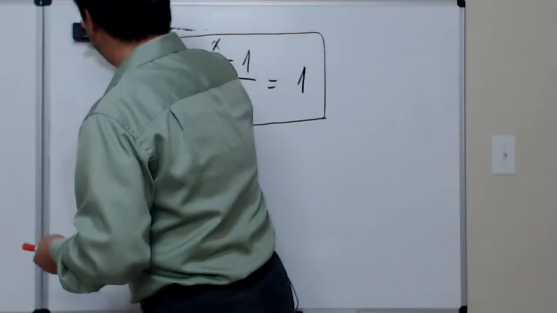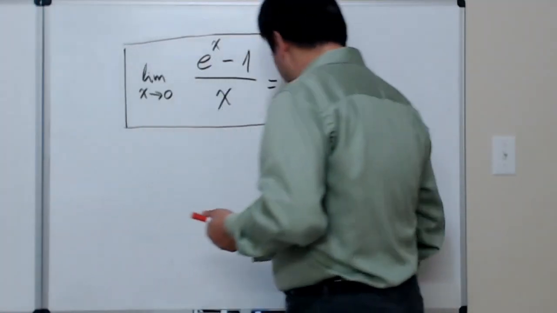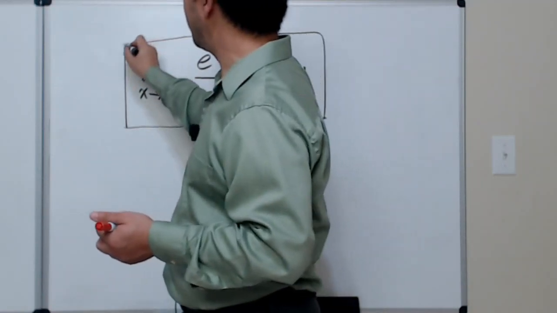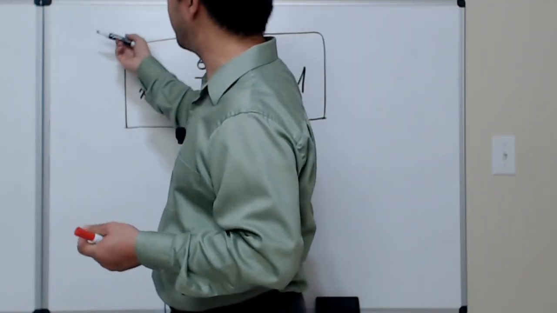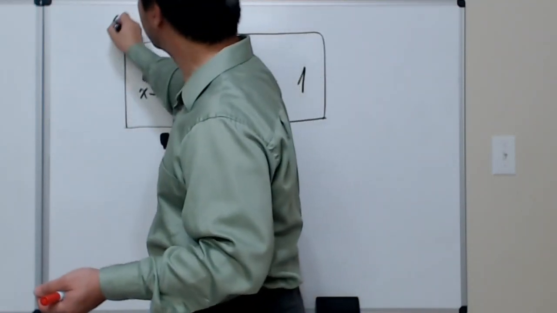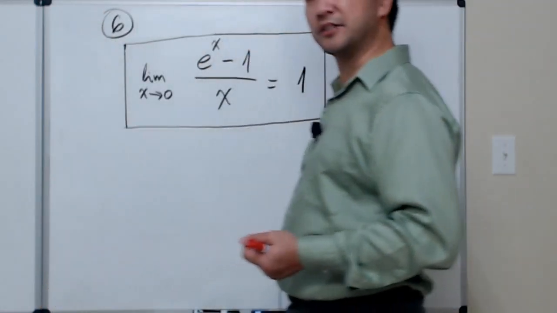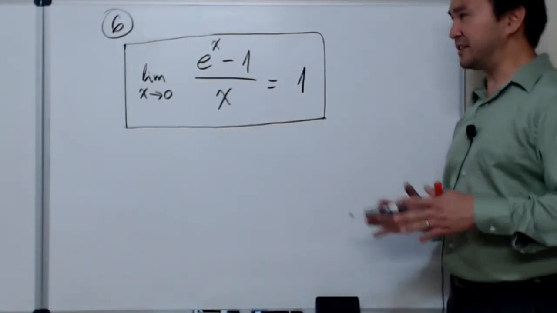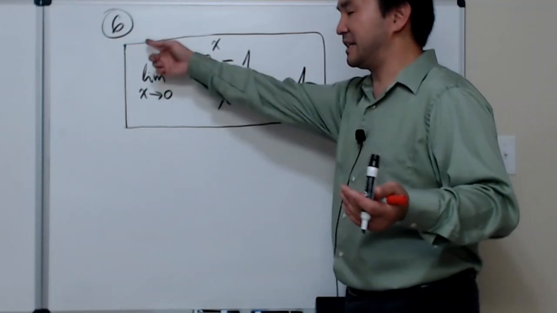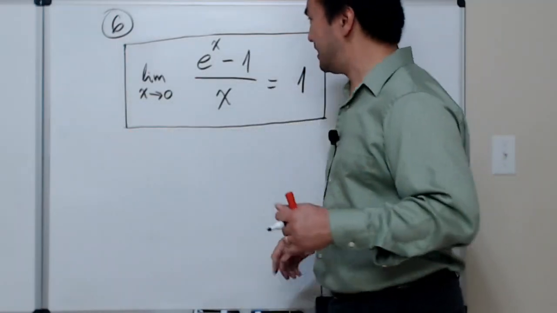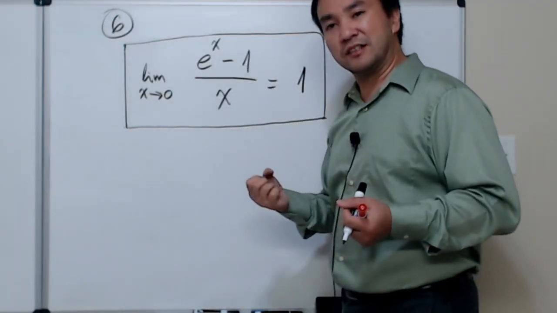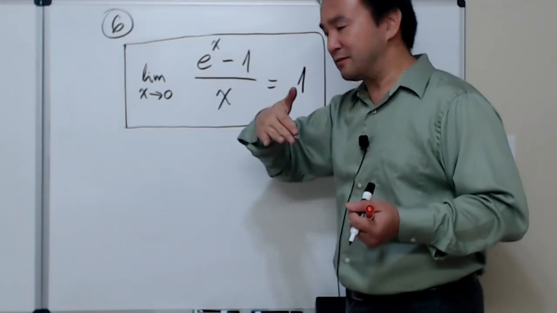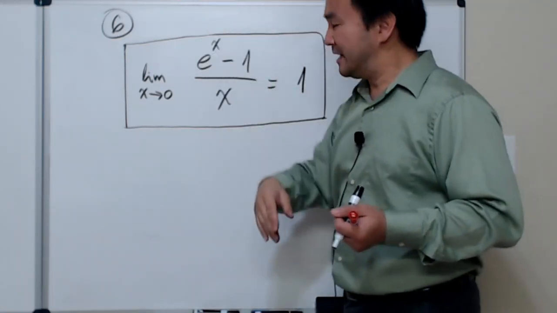For my face-to-face class, I refer to this limit as special limit number 6. But really, numbering these special limits is just my own sense of how they come in terms of the level of challenge.